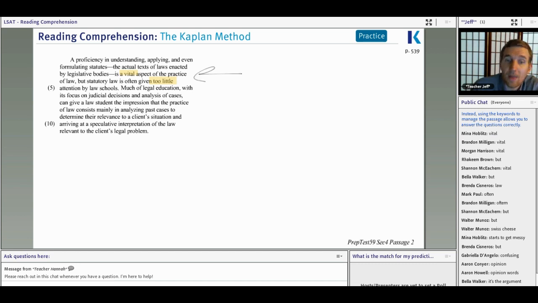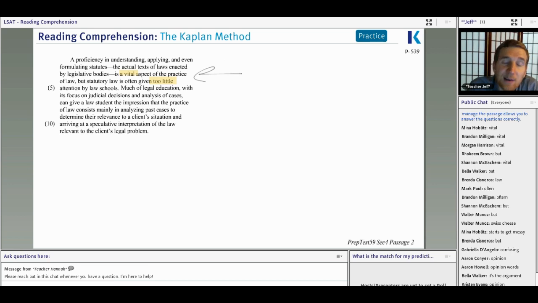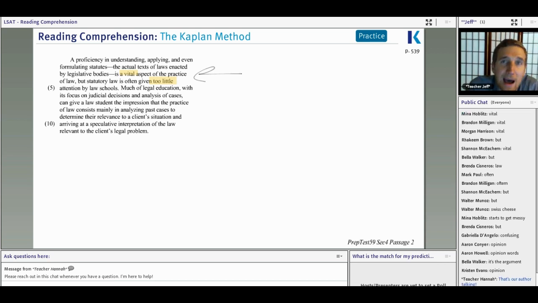Because that's opinion. Exactly right. Vital is an opinion word. Too little, that is opinion language, right? We care about opinion because the test creators care about opinion in their questions. Now, do you need to know what the author thinks is vital? Do you need to know what the author thinks is too little? Let me know.